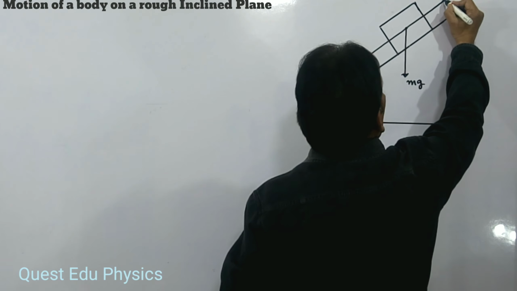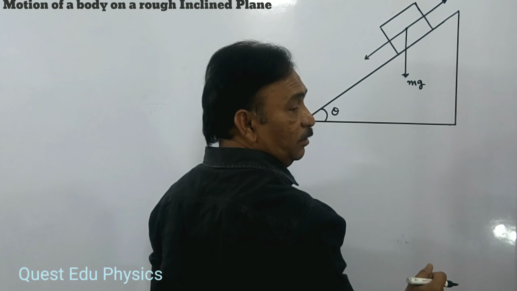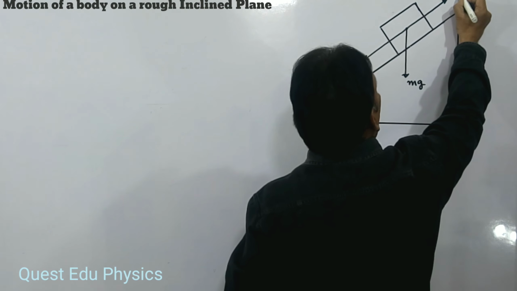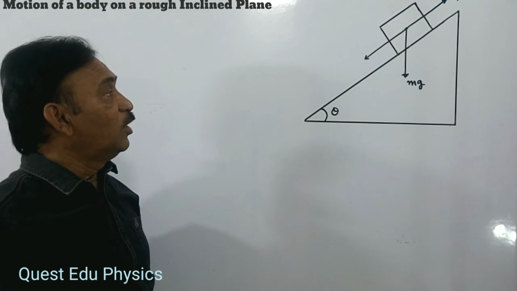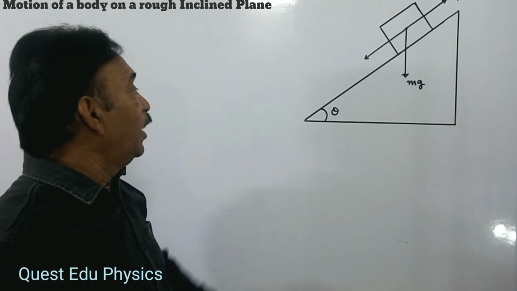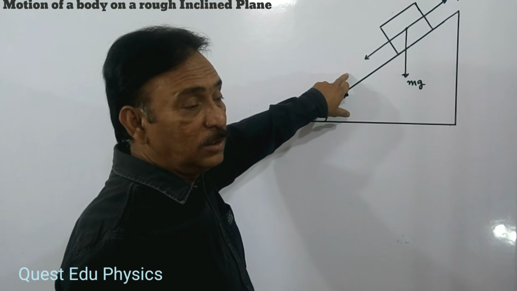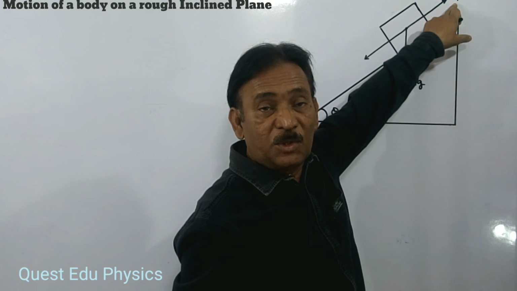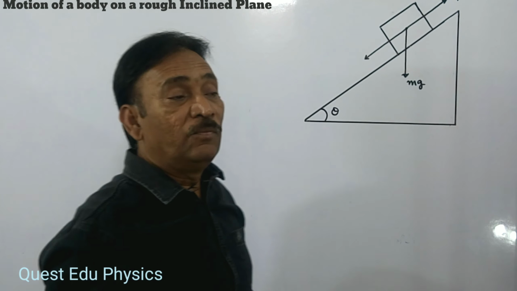Okay, students, this is a force which is acting opposite to the motion of the body. Let's say it is the frictional force. If a force is making it move downwards, and this is the force which is obstructing the motion of the body, we call it the frictional force.